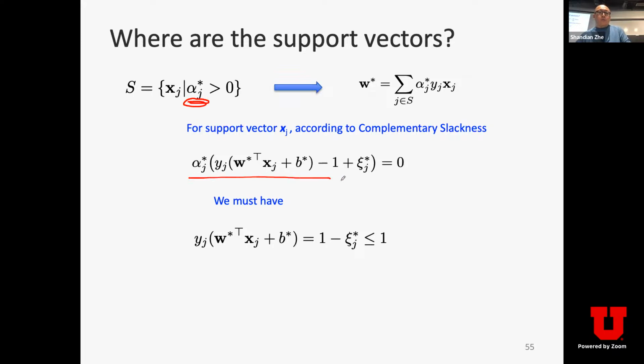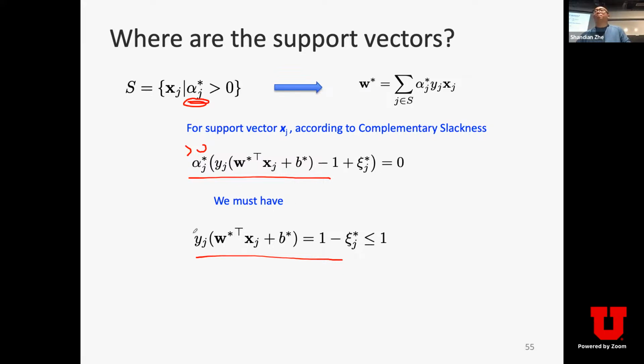According to complementary slackness, alpha_j star multiplied by the corresponding constraint function, which relates to the function margin, must be 0. And alpha_j star is bigger than 0. That means the constraint term must be 0. This just means the function margin is 1 minus xi_j star, and xi_j star is not negative. It just means the function margin is less than or equal to 1.